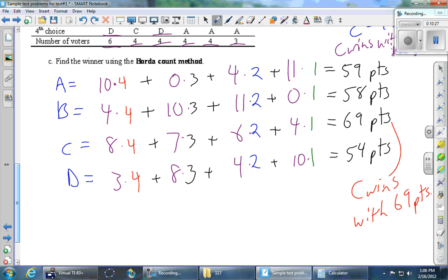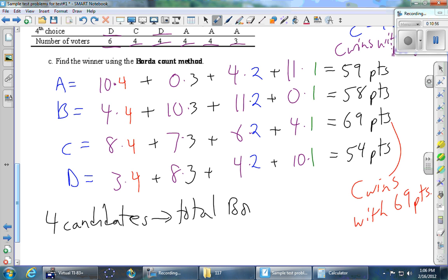And I know with the board of calculations, there's a lot of work to do, just a lot of places where you could make a silly arithmetic mistake. And I will tell you that there's a nice little shortcut you can do to try to check your work. And that goes as follows. If you have 4 candidates, so what I'm saying here is only true if you have 4 candidates, then the total number of Borda points, meaning Borda points for every candidate, all of them added together, should equal 10 times the number of voters.